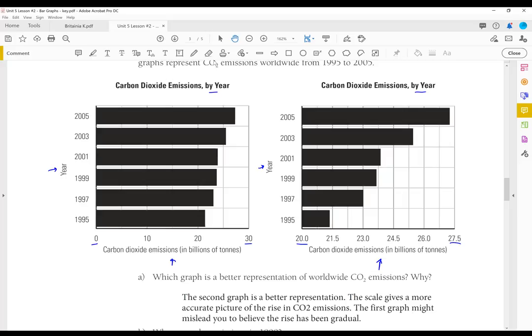You can see that from here, my first line, to here is a lot less of a gap than it is in our second graph. From here to here, you see the gap is much wider, and so that's the main difference between these two graphs.